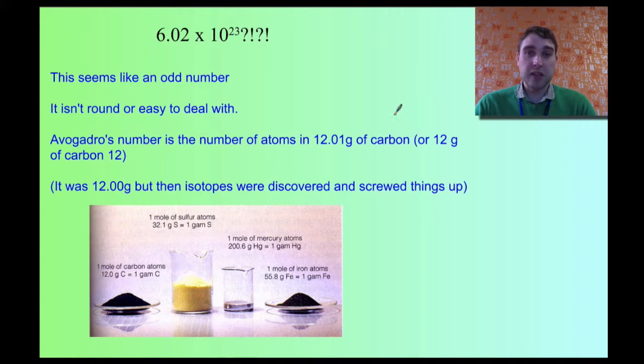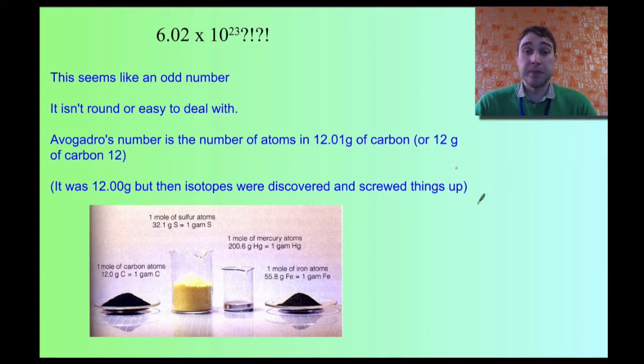Now we know that if you have a pile of carbon, there's a mix of carbon-12, carbon-13 and carbon-14. So we get a different mass for 1 mole of regular everyday carbon: 12.01 grams contains 6.02 times 10 to the 23 atoms.